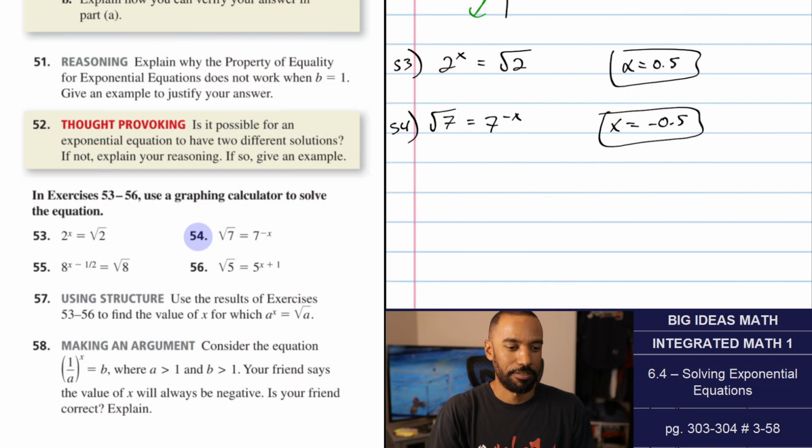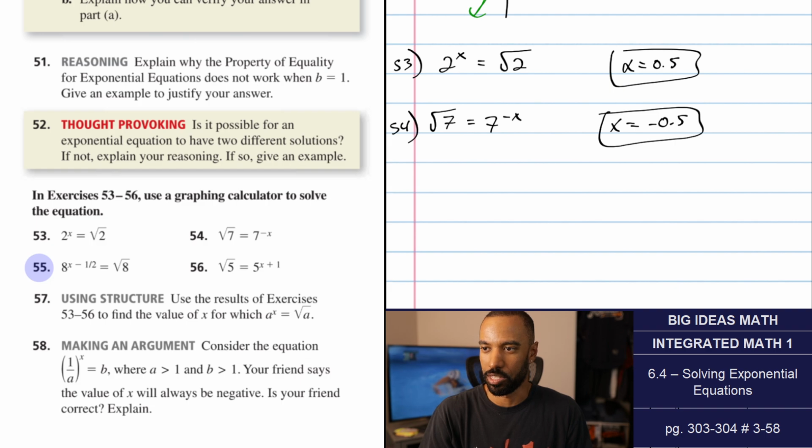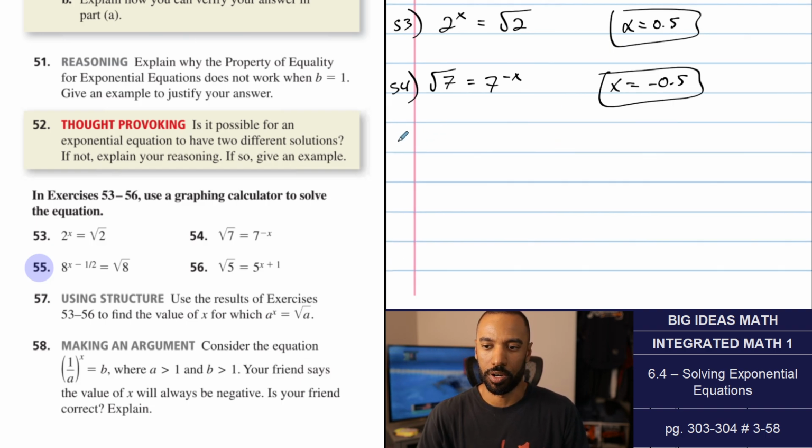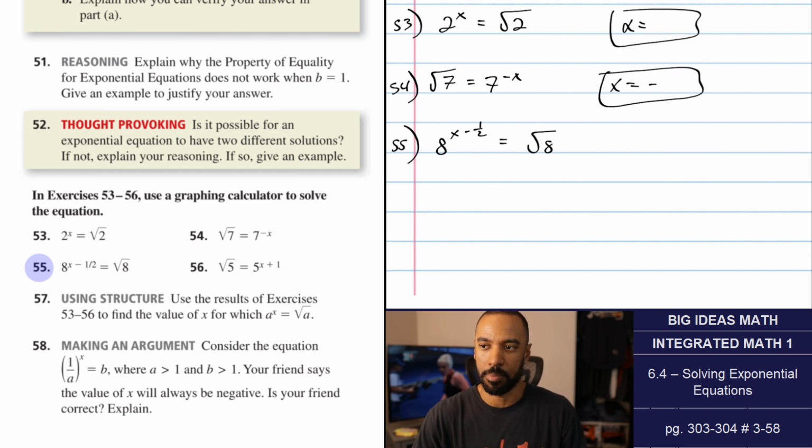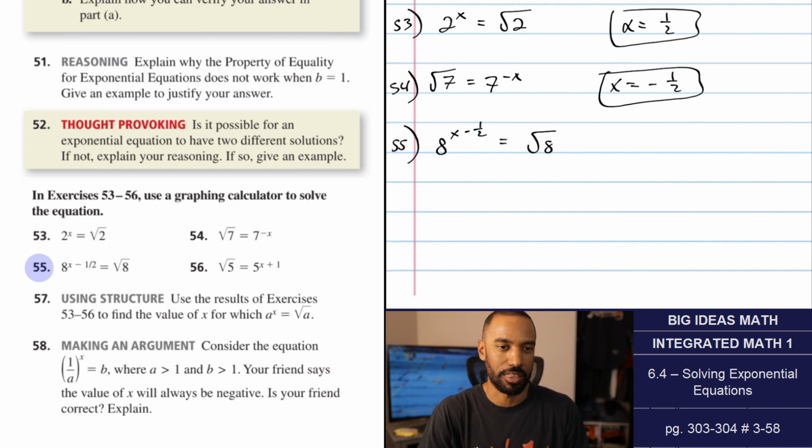Number 55. I wonder how they'd have you lead to the conclusion after all these ones. The first one, for sure, we could talk about it. But number 55: 8 to the x minus 1/2 equals square root of 8. It's at this stage that I believe I should be writing these as 1/2 instead of 0.5. I would have anyway, but let's officially turn them into that now that they show the 1/2 here.